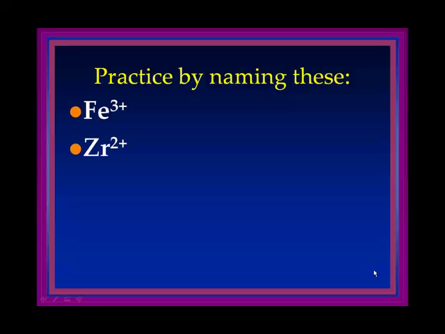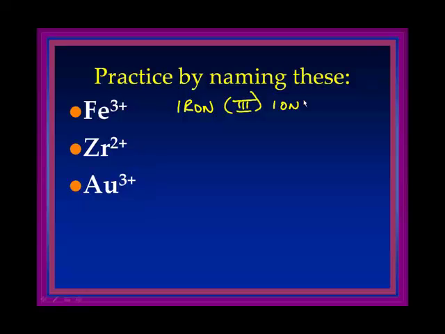So let's go ahead and try and name these here. We've got Fe3+. Well, Fe is the symbol for iron. 3+ tells you its charge. So since the charge is 3+, you will use a Roman numeral 3. So iron, parentheses, Roman numeral 3, ion, like that. Is it wrong if you skip the parentheses?